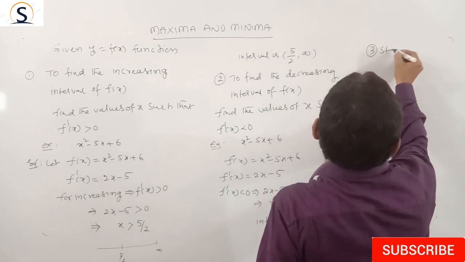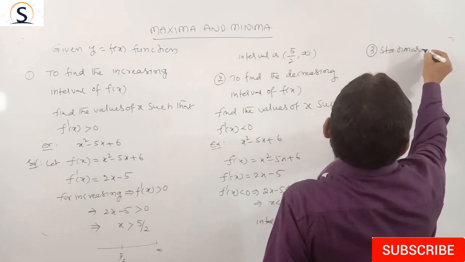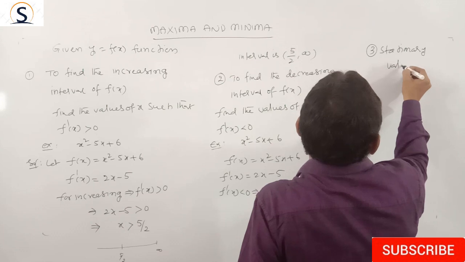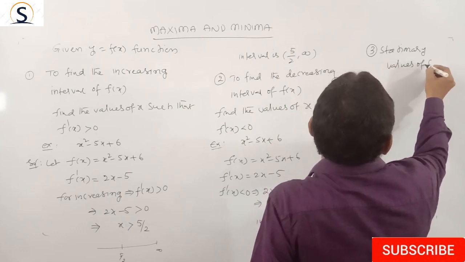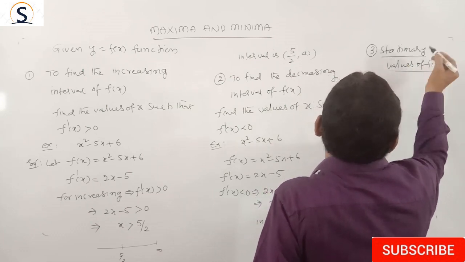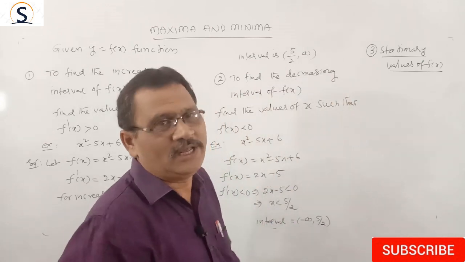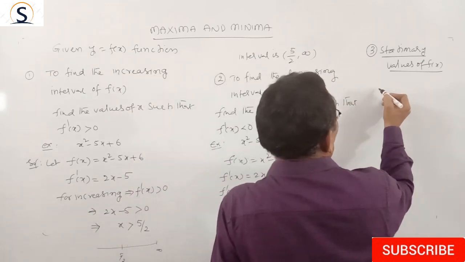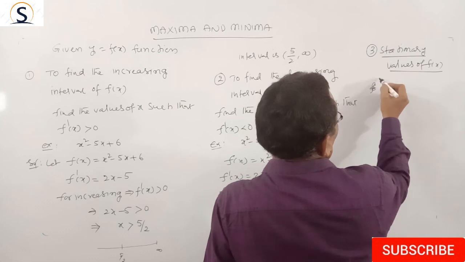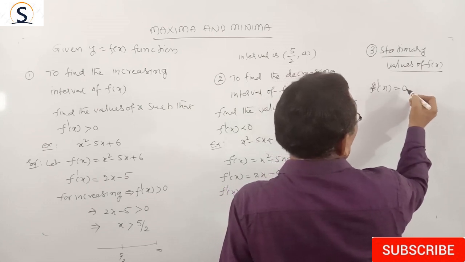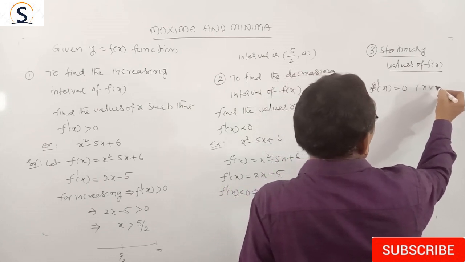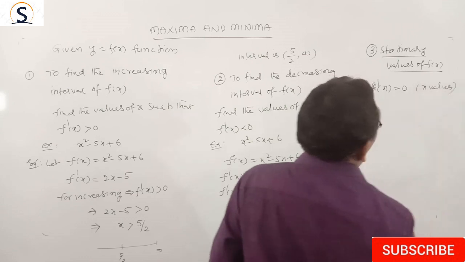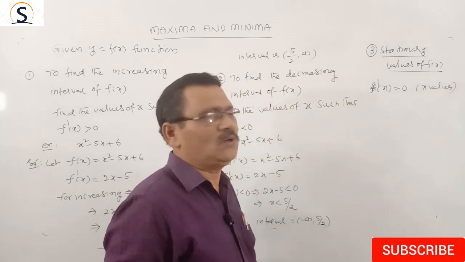The third point is stationary values of f of x. To find the stationary values of a given function f of x, set f dash x equal to 0. Consider the x values such that f dash of x is equal to 0.